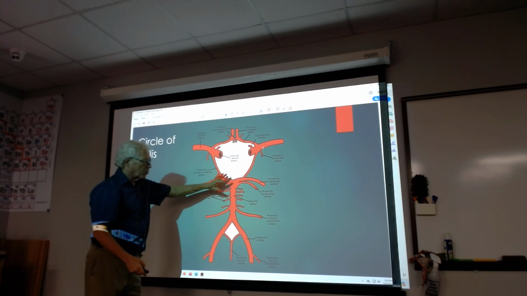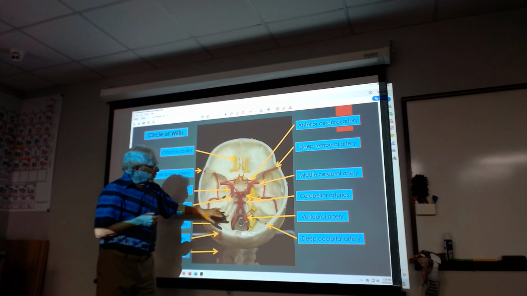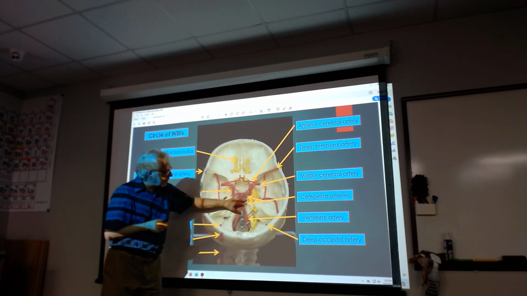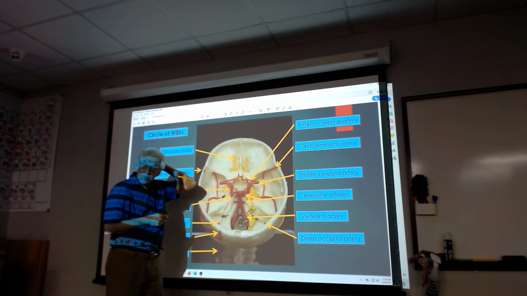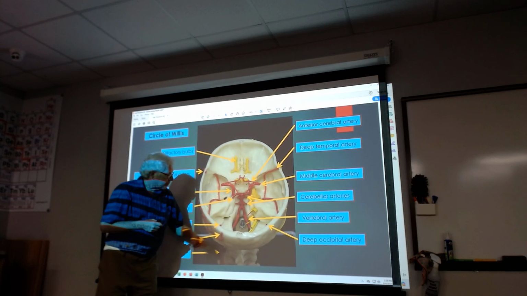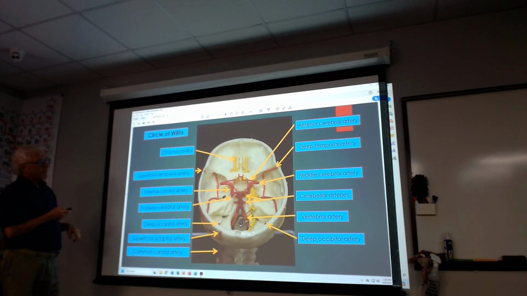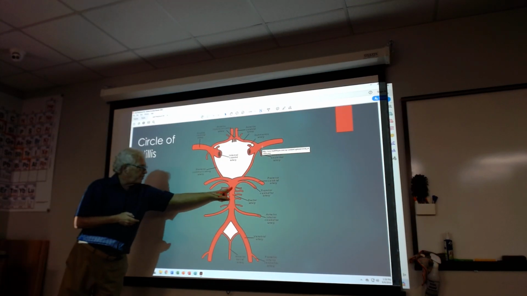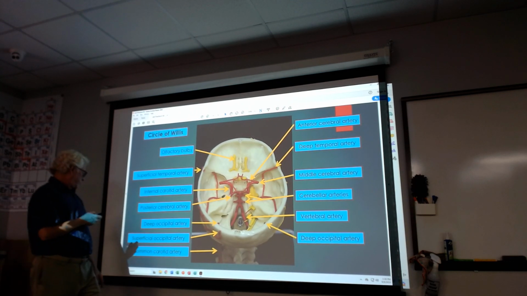All right? Now this is more detailed than I've got. All right? So, we're going to call these little guys here cerebellar because they're going to go to the cerebellum in the back of your brain. This middle part here is called the, where is it? It's called the basilar artery. Do I have that? Okay.